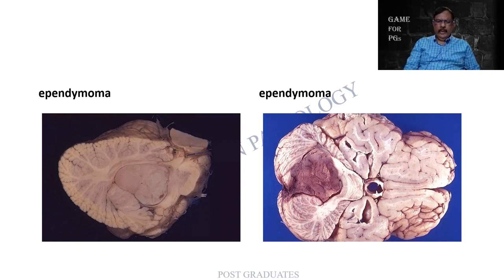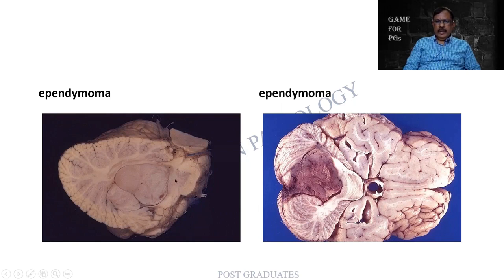As I told you people earlier, you will be able to diagnose or locate a tumor according to the region. The ependymoma and the choroid plexus papilloma are all lesions which project into the ventricular cavity. Look at this particular picture, well circumscribed by the cerebellum.